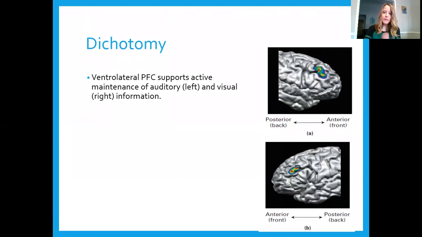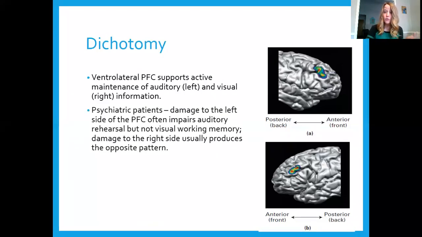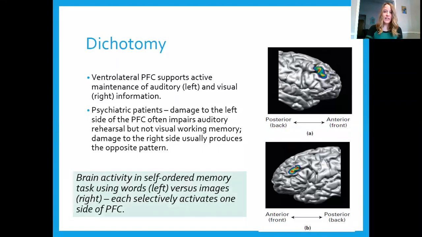And so working memory monitoring of visual information involves primarily the right ventrolateral prefrontal cortex, whereas monitoring of verbal information involves both the right and the left ventrolateral prefrontal cortex activation. And so again, we see this distinction between the phonological loop and the visuospatial sketchpad in terms of the areas of the brain that are activated when rehearsing verbal versus visual information.